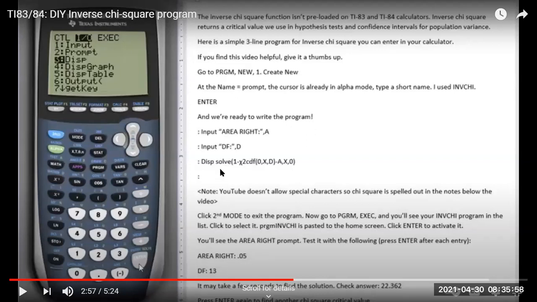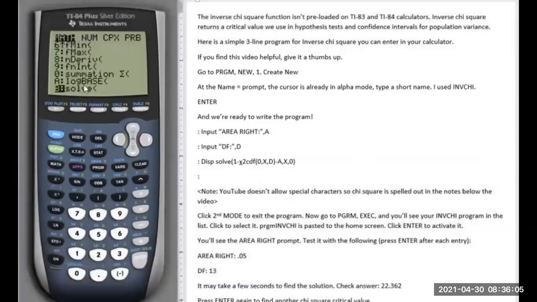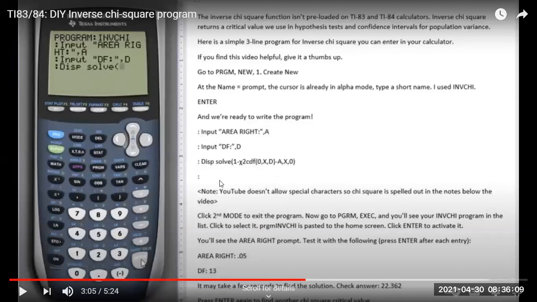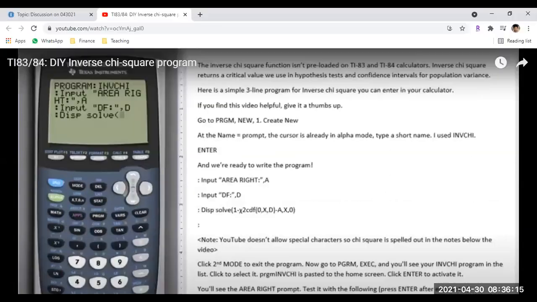Where to find that solve? Okay, so to go to solve, let me grab my calculator. Where to get that solve?